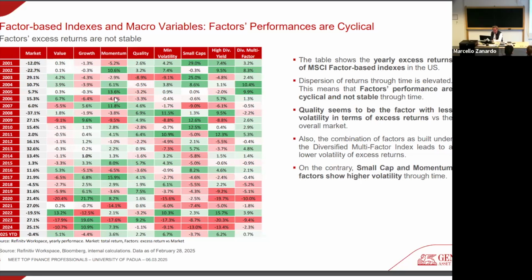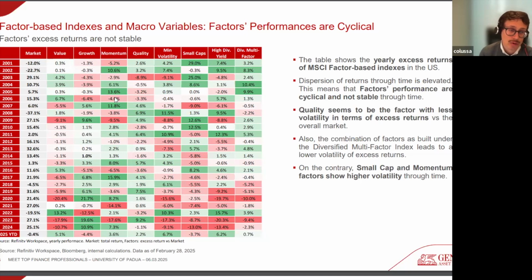So if we make an example, let's say 2024. So the broad US equity market returned 25.1%, and the value factor had a negative return of 10.7, and so on, correct? Sorry, to correct, it's the excess return versus the market.